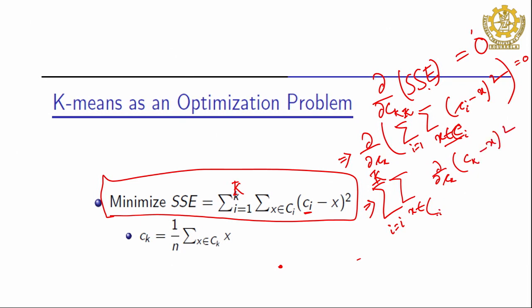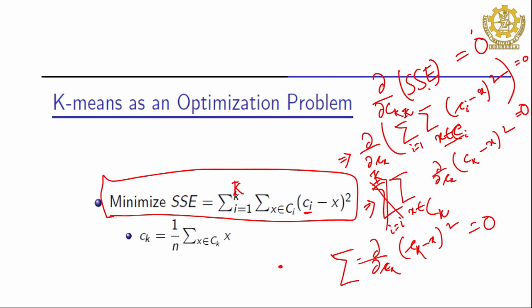This is no longer i; this is the kth cluster, and for all other clusters the derivative is 0, so that sum cancels out. So we differentiate with respect to this point c_k, of (c_k minus x) squared, equal to 0.